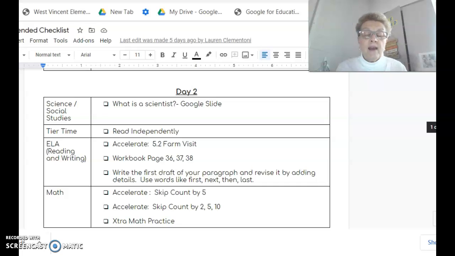First, next, then, and last are really great transition words that should be included in your how-to. And then in math today, you're doing skip count by 5, as well as skip count by 2, 5, 10 in Accelerate. And please make sure you are going on to do extra math practice.